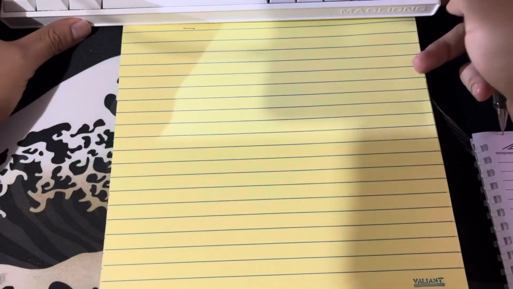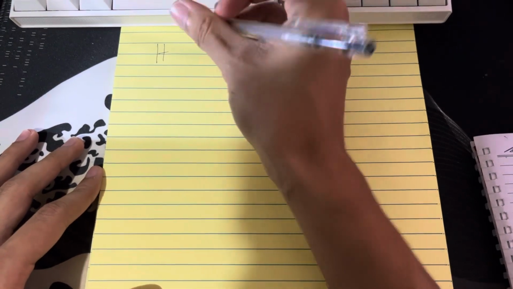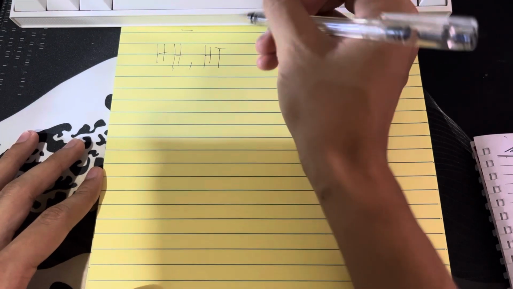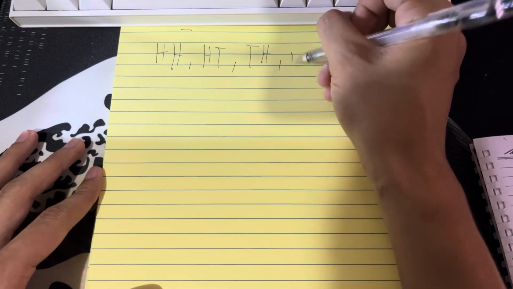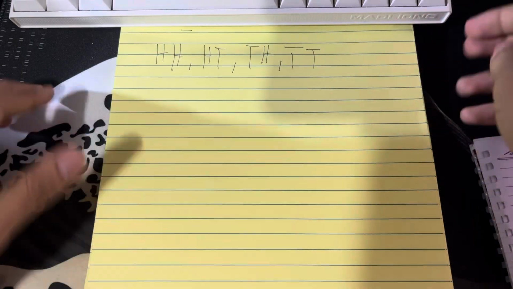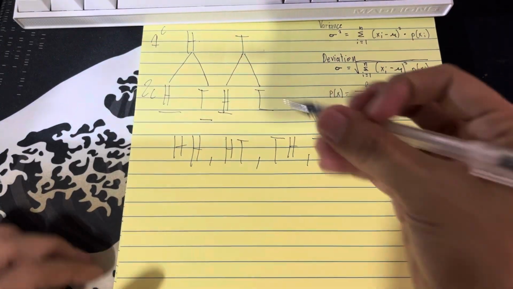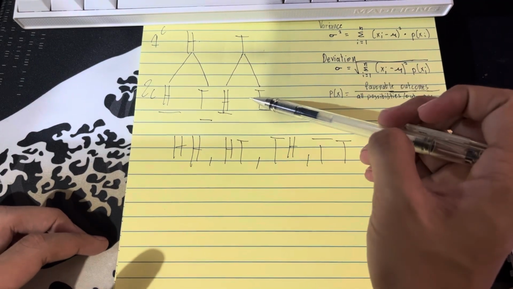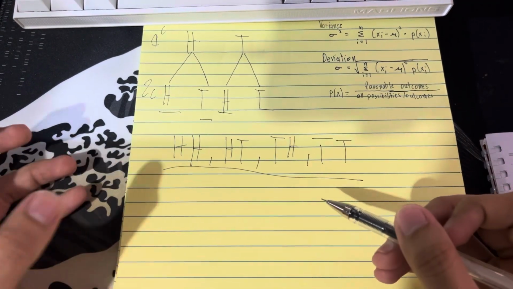Okay, so we're back. We know that the possible outcomes from that are heads, heads; then heads, tails; and likewise tails, heads; and tails, tails. As shown right here: HH, HT, TH, TT. Now, this is already the sample space.